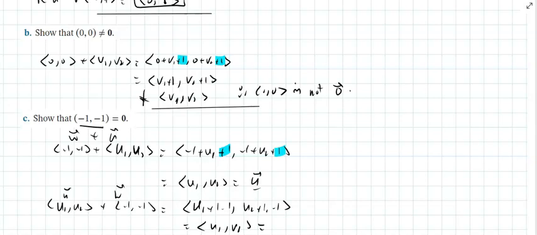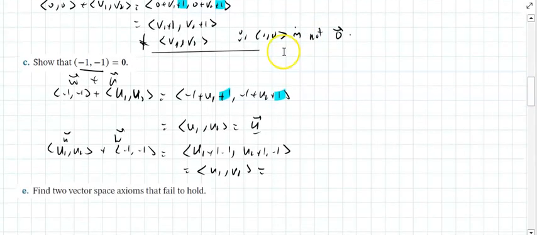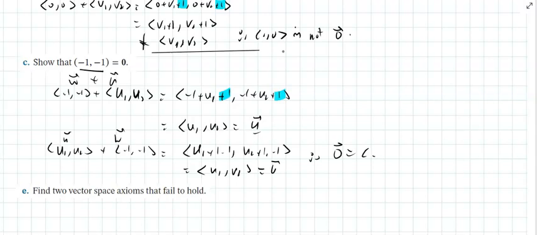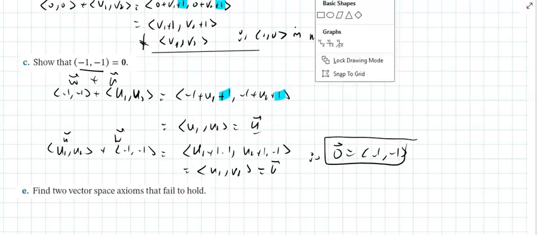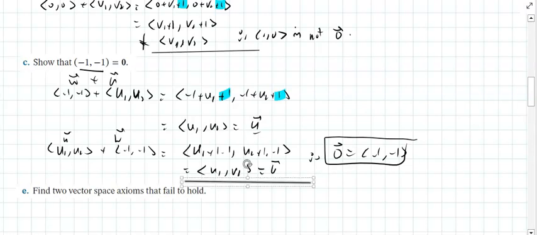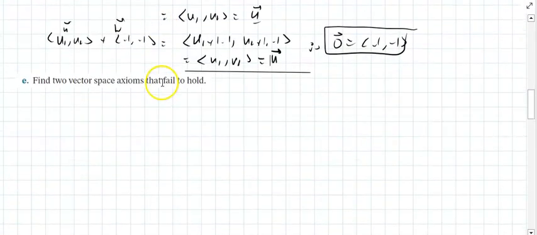Isn't that simply u? So therefore, the zero vector in this case is -1, -1. That's what you add to any vector to get it back. So each vector has its own set of addition and scalar multiplication.